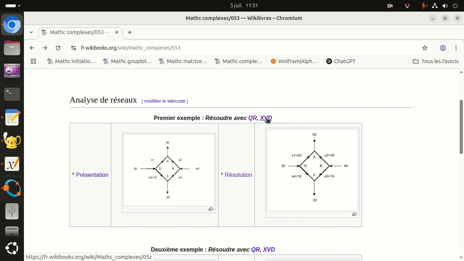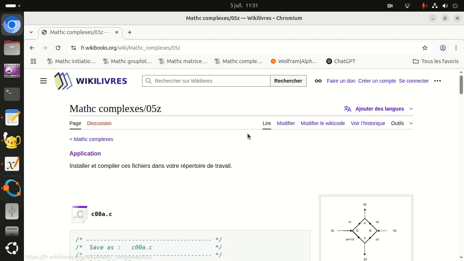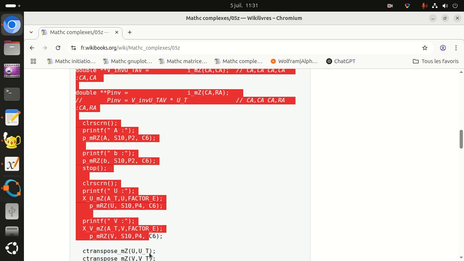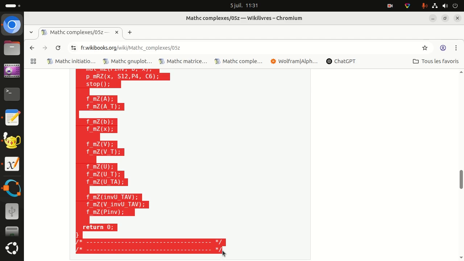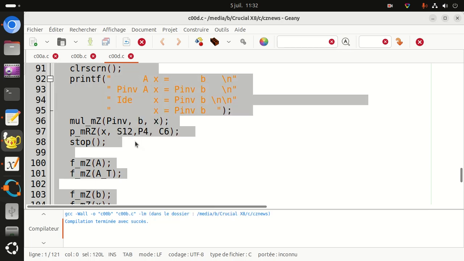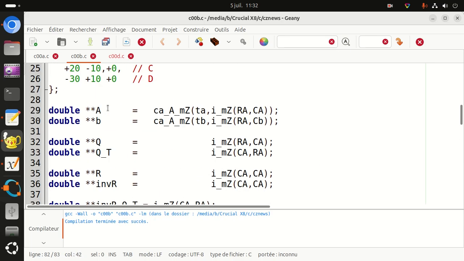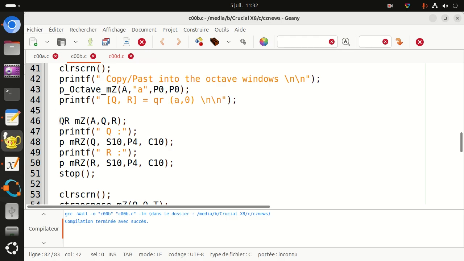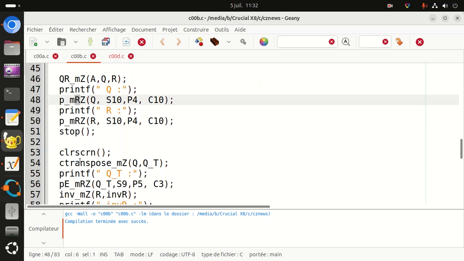You can also use the singular value decomposition. The code in C language for the QR factorization: you call the function QR, you obtain Q and R, and you print QR, using only the real values.